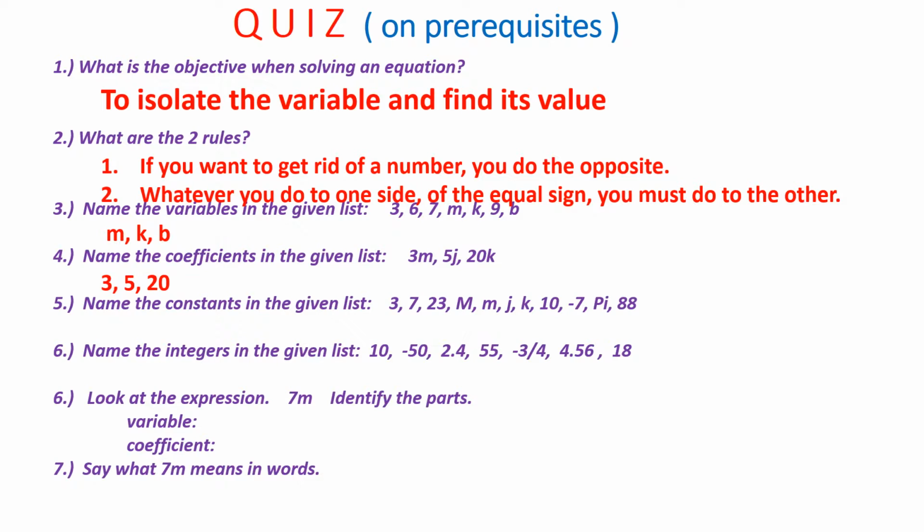Name the constants in the given list: 3, 7, 23, M, lowercase m, JK, 10, -7, pi, and 88. The constants are 3, 7, 23, 10, -7, pi, and 88.